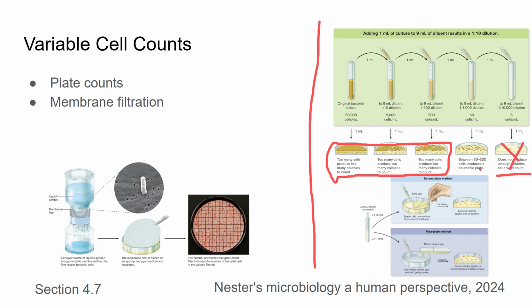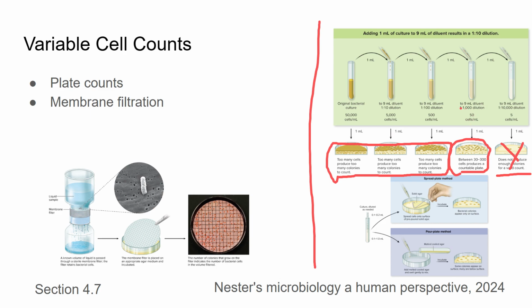What you want is a good amount, like 30 to 300. Each of those growths indicates that there was probably one bacterium that was the founder of the colony. So you can take the count and multiply it by the dilution factor to find out the concentration of your initial sample.